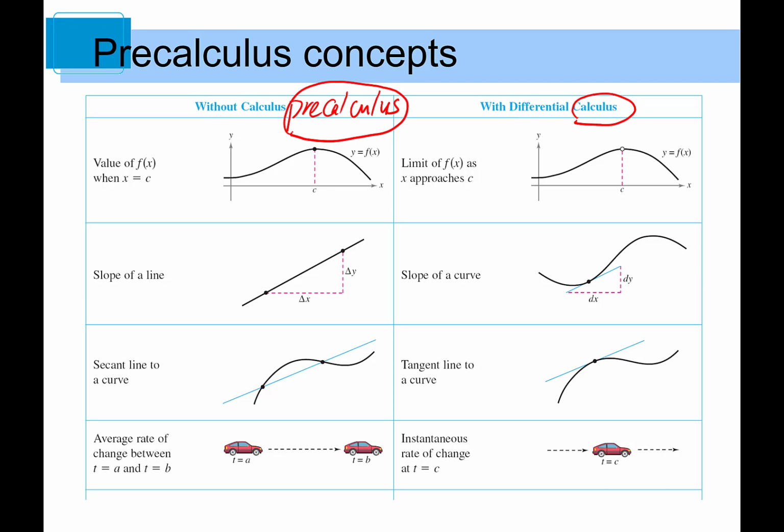Given any x value, let's say x equals c, you'll be able to find the y value, which is f of c, in this case. And in calculus, we will learn to find the limit of f of x when x approaches c, from the left and the right hand side.